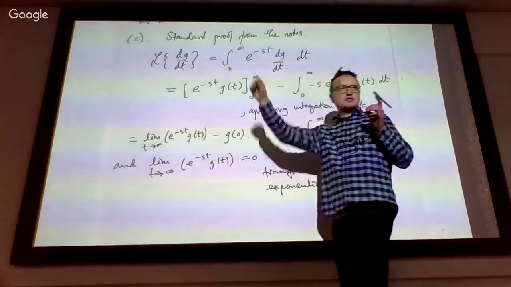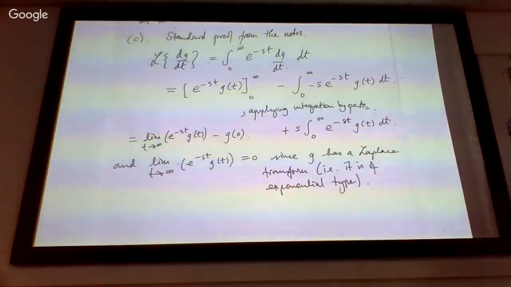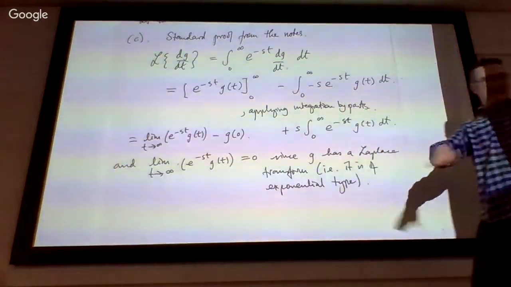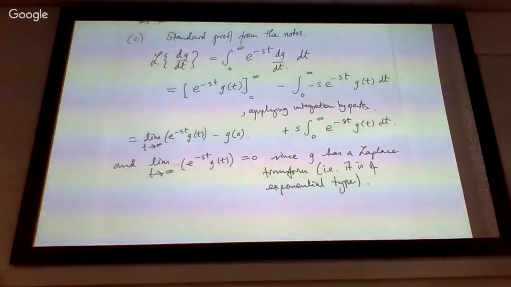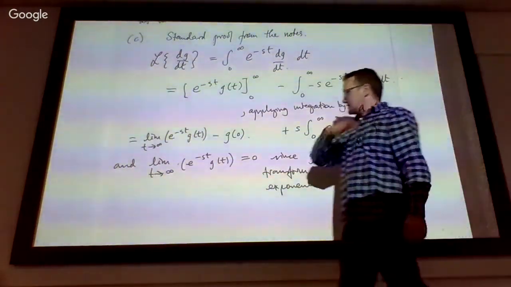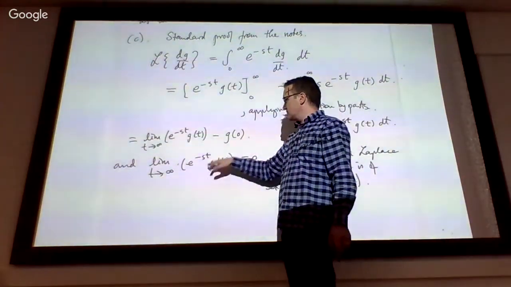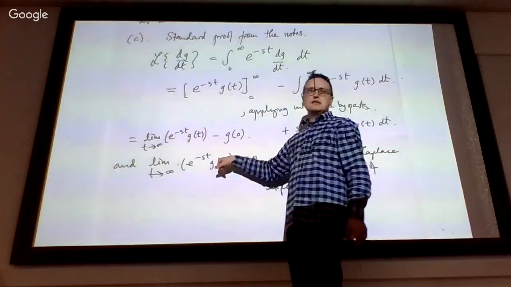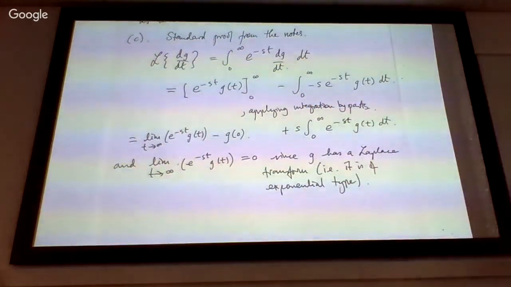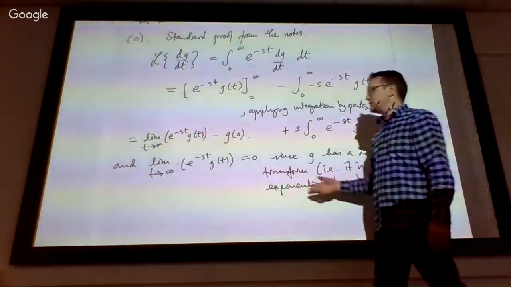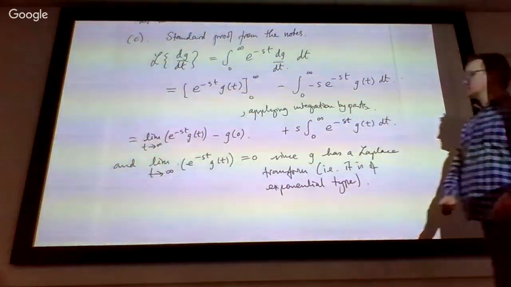Remember, the exponential functions grow extremely quickly, or an exponential to a negative t will decay very quickly. So as long as that decay induced by the exponential factor eventually dominates any behavior in g, that limit is going to be 0. Okay. Because we're assuming that g has a Laplace transform, we know that this is going to be the case.